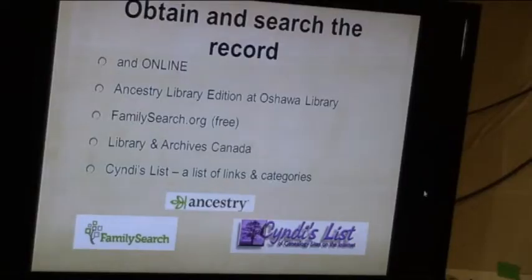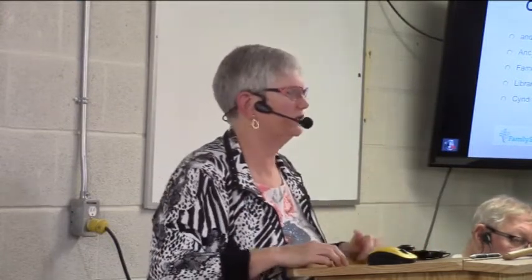Okay, there's one more place I want to tell you about, and it's wonderful because it's the locator for just about everything on the internet. It's called Cyndi's List. There's one lady who maintains this. I don't even know how many links are on there, 600,000 or something. She takes any website someone sends to her. She goes through that website and categorizes all the parts of that website. So you can go up there, you can look for Acadian, you can look for Quaker, Ontario, Florida, England, France, Ireland, what you can find in Ireland.